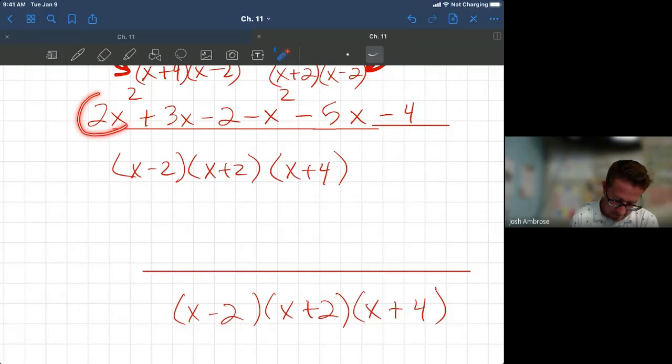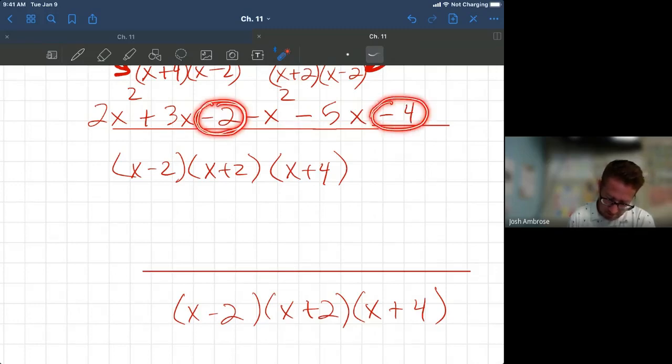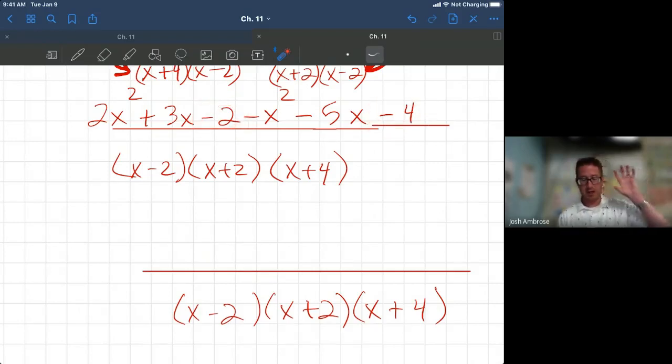We have an x squared right there, and we have a -x squared right there. We have a positive 3x. We have a -5x. We have a -2 and a -4. So notice we have three groups of like terms that all need to be combined together.